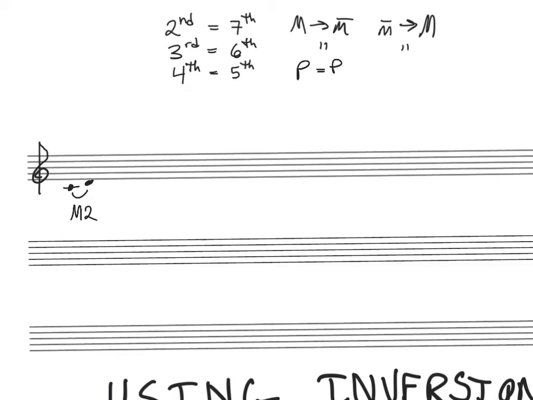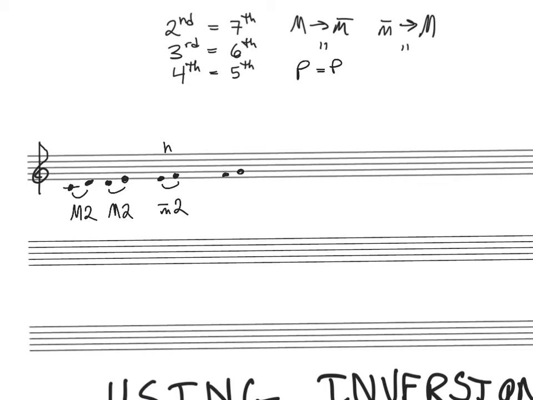And in fact, all the intervals between each pair of adjacent notes are major seconds except for what? Well, from E to F, when we're talking about natural intervals, that is a half step. And therefore, it's going to be a minor second.